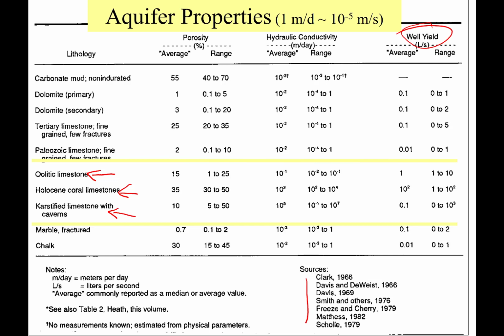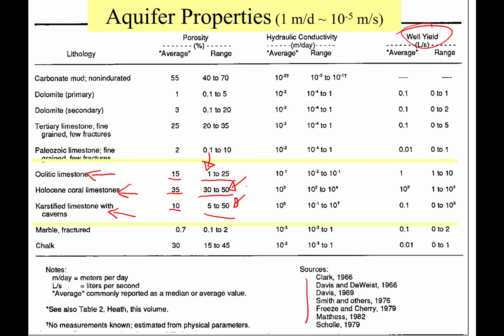And so here are some representative values for porosity, and you can see these porosities are fairly typical of other porous media. The range for oolitic limestone can be very low if it's well cemented. Coral limestones could be quite high, and the same with karstified limestones.